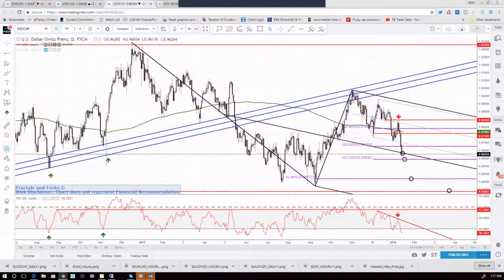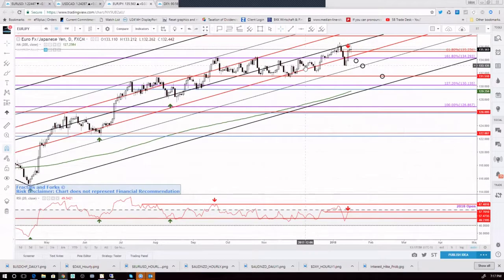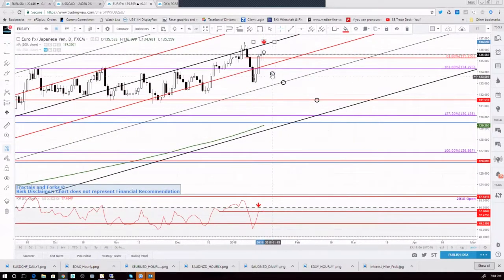Then let's quickly look at Euro Yen. I got stopped out this morning here because I thought, hey, 136 is going to hold. And then the high was 136.9 and the stop was 5.